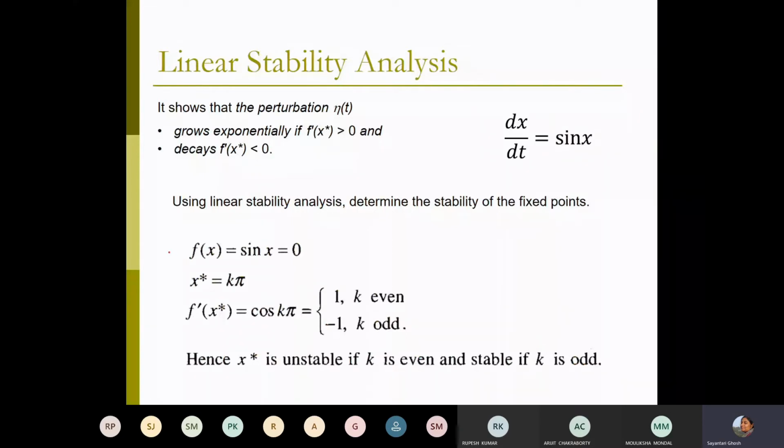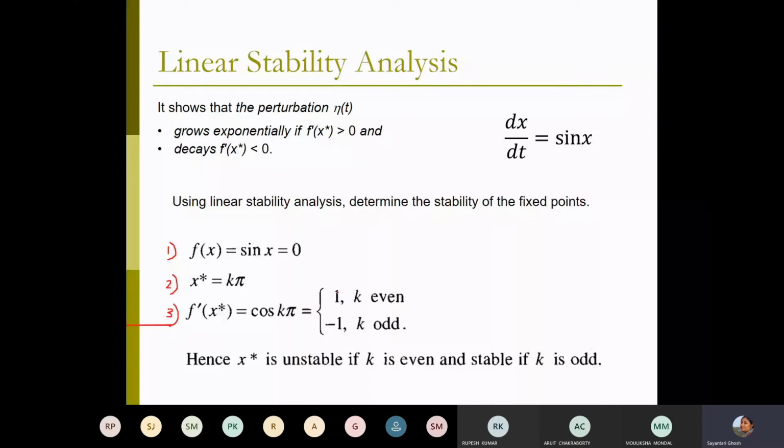So if I need to proceed, then the solution would look something like this. So these are the steps that we need to follow. So this is kind of again the recipe. First step, figure out what your f x is, equate that to 0. Second step, figure out what is your x star. Third step, you figure out what is the derivative of f x at this point x star.